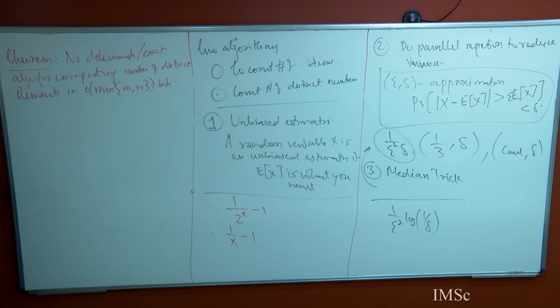You cannot have little o of that; there is no deterministic exact algorithm in this streaming setting for computing the number of distinct elements in these many bits. Okay.